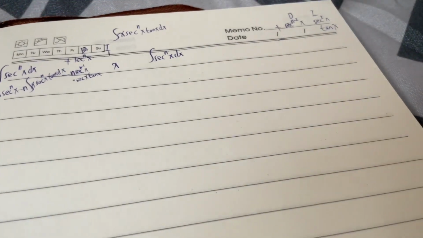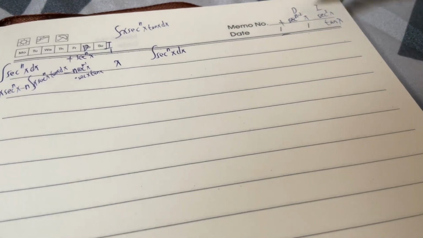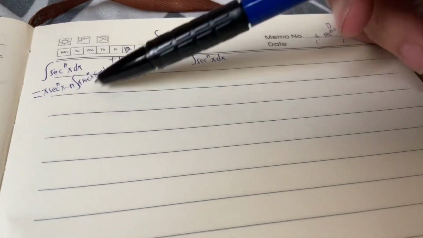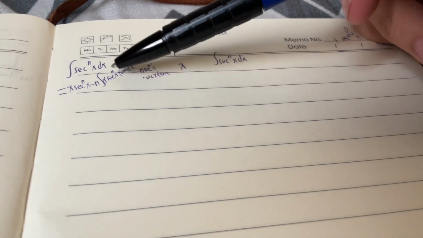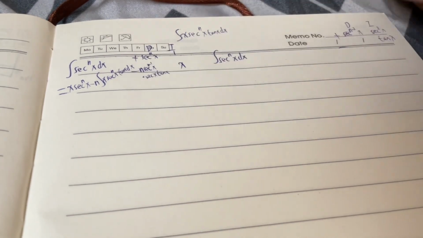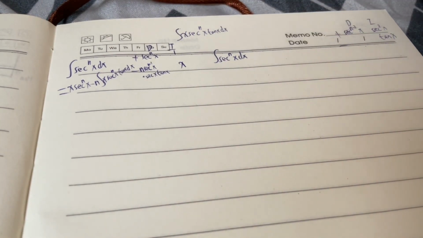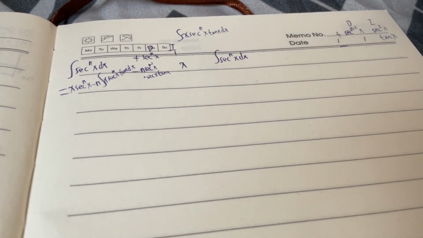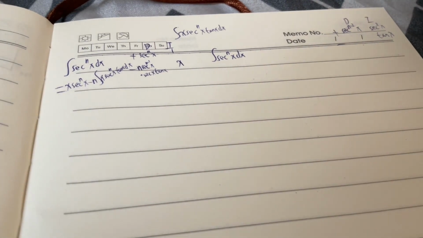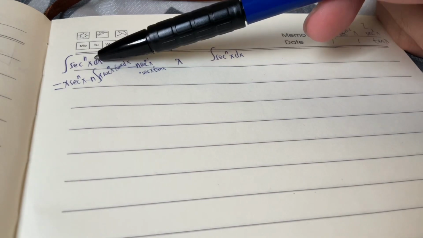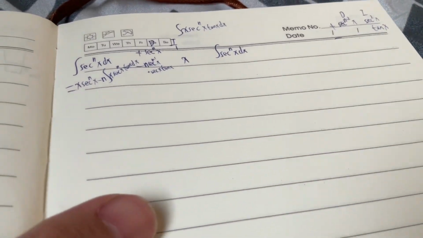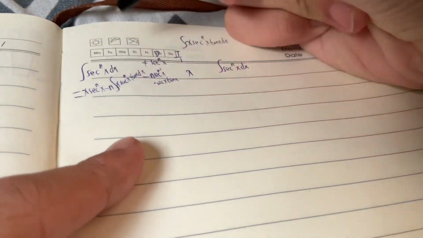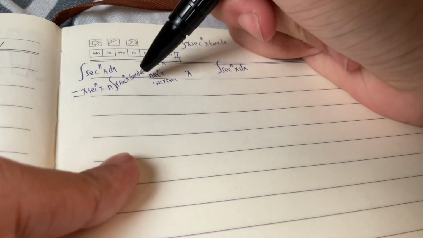The next way we're going to do this reduction formula, and here is the reduction formula of this. Check this out. Are we already finished? No, because we know the integral of this is equal to this.